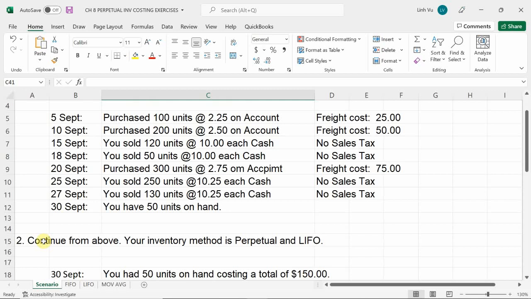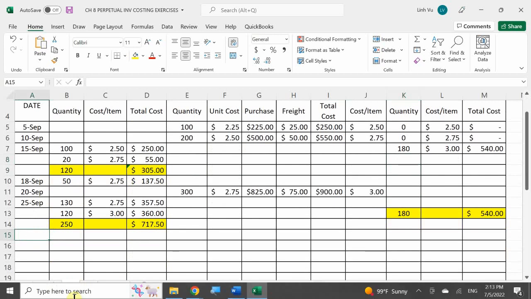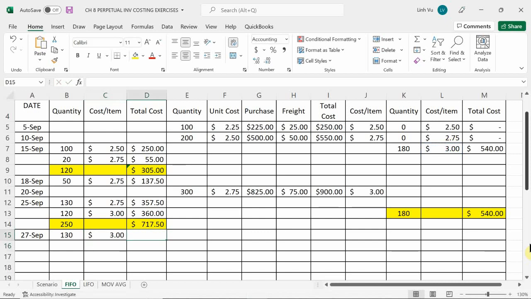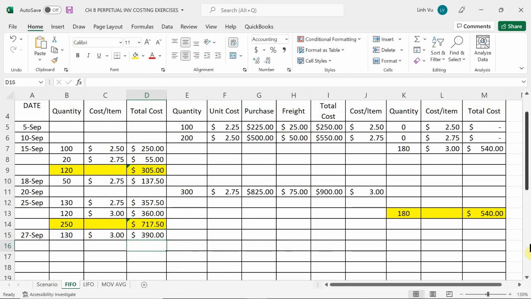So I need to sell another 130 units. September 27, we sold 130 units. At what cost per item? $3. That gives me a total cost of goods sold of $390.